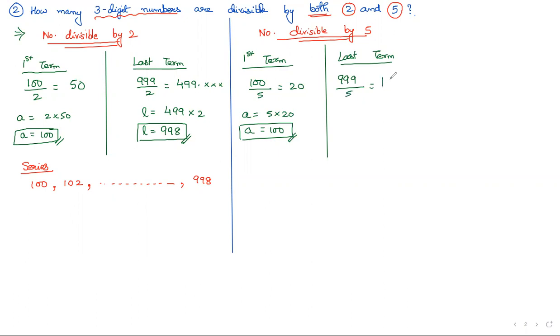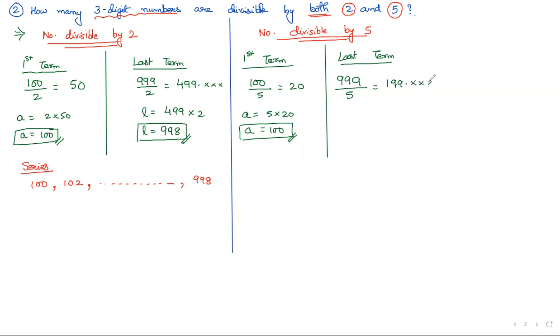5 ones are 5, 5 nines are 45. Correct? 999 divided by 5. 5 nines are 45, 49, 5. 199 point something.